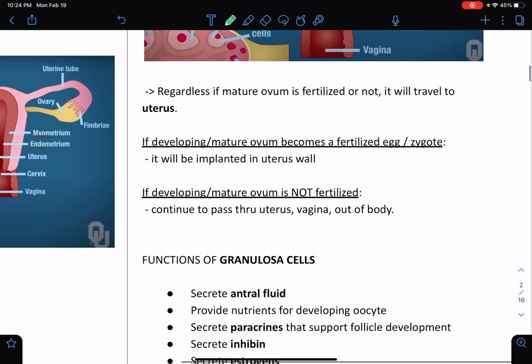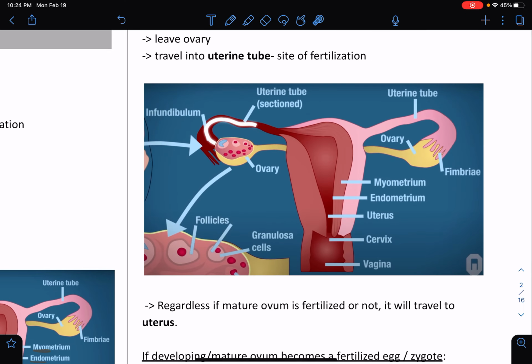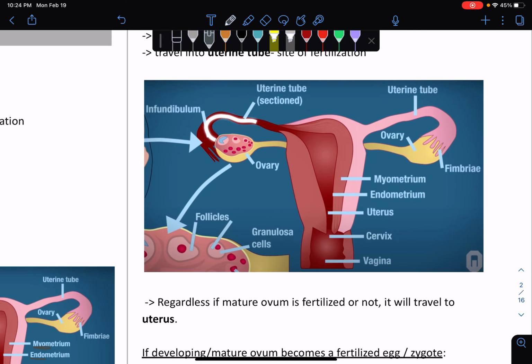If the mature ovum becomes fertilized, or becomes a zygote, it will be implanted in the uterus wall. This is why, throughout the 9 months, the baby grows here.